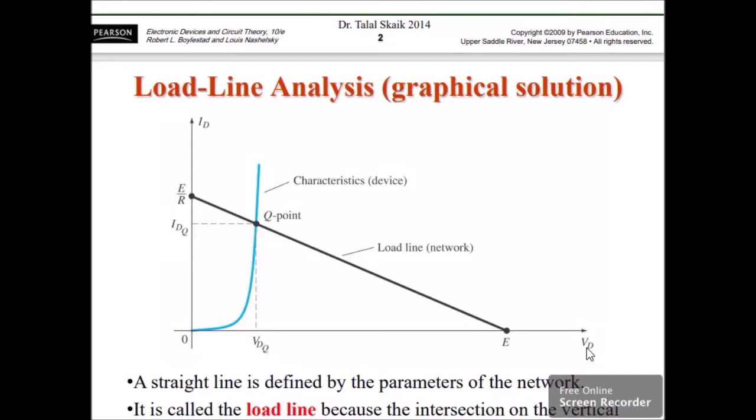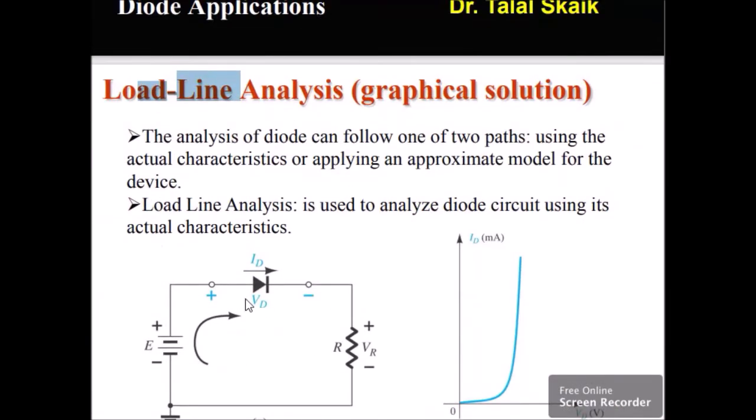VD because the x-axis is VD, and Q because it is the Q point. And on your y-axis, it has a corresponding IDQ, which is the corresponding current level. Once we have determined this IDQ and VDQ, we have already solved or analyzed our diode.